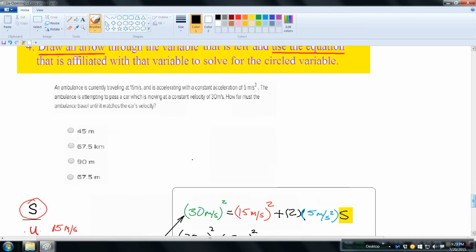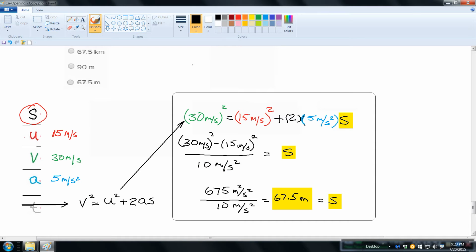So what we do is we take that equation and we put in all the data that we've been given. We were given final velocity, we were given initial velocity, we were given acceleration, constant acceleration, and we're trying to solve for displacement. Well, we just algebraically solve for s.